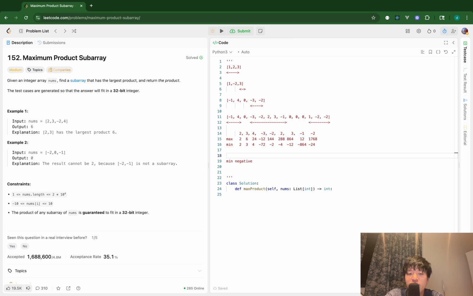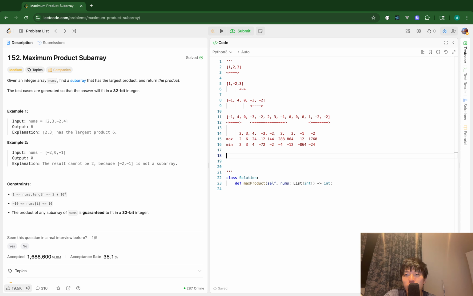So obviously I can use dynamic programming for this question. And for each dynamic programming step, the problem I'd like to solve is, given the end index, what's the largest product which ends with that index?